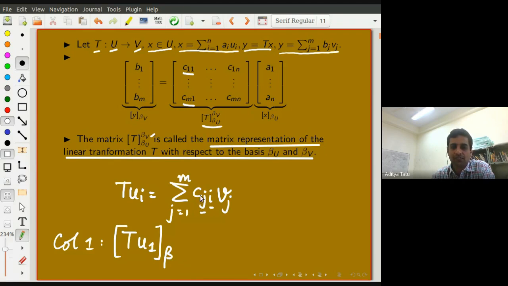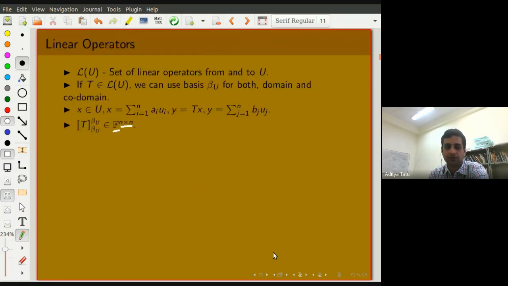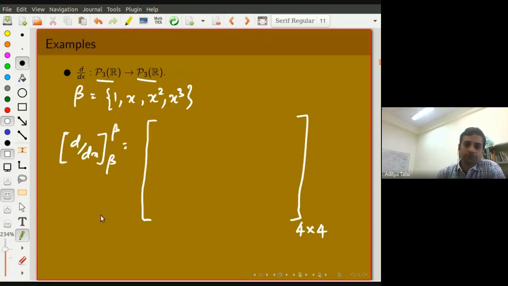Right? c11, c21, c31, etc. Similarly, the ith column is nothing but T U_i represented in the basis of my codomain. Right? So let's follow this strategy. What would be the first column? You apply your linear transformation to which basis?